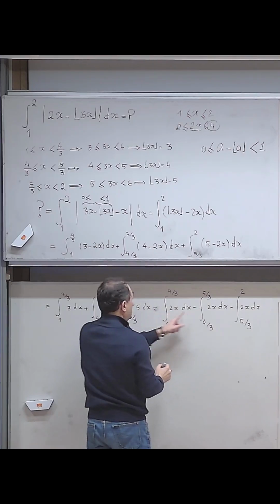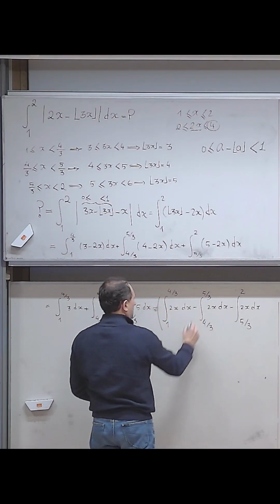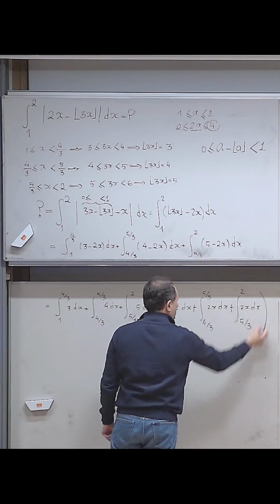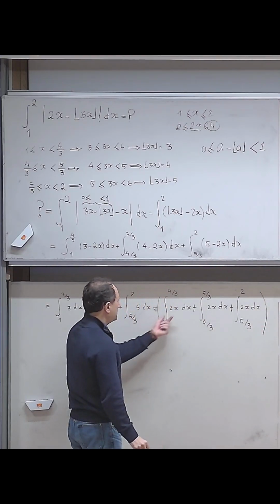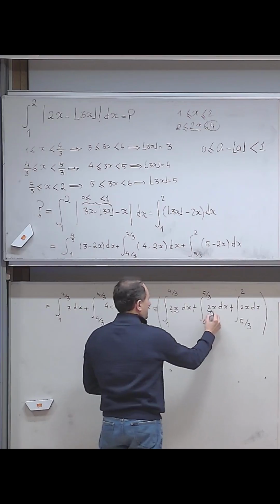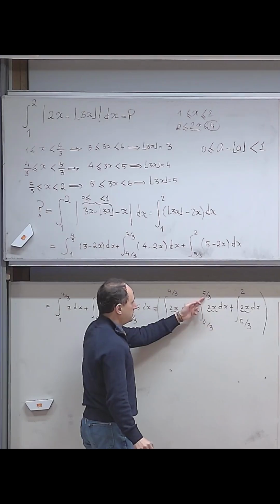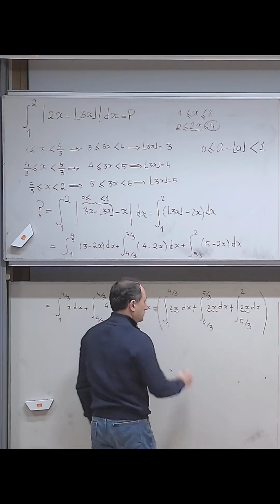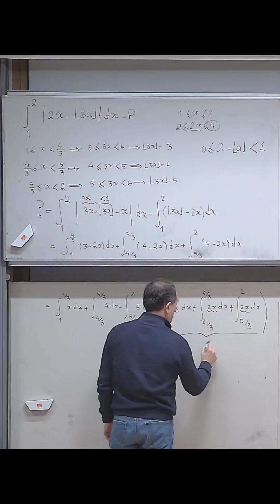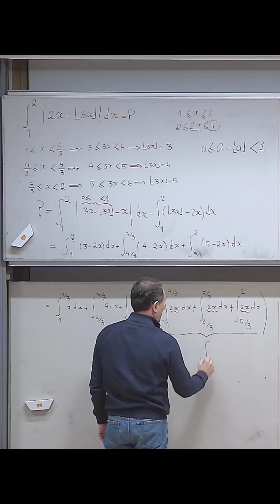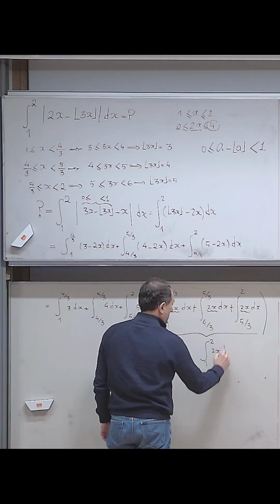If I factor a minus sign out, this becomes positive, and now the integrand is the same: from 1 to 4 over 3, from 4 over 3 to 5 over 3, from 5 over 3 to 2. So this can be combined back again into the integral from 1 to 2 of 2x dx.